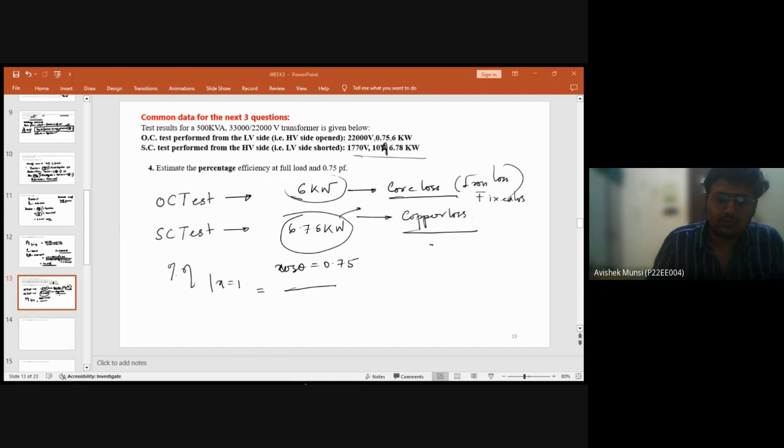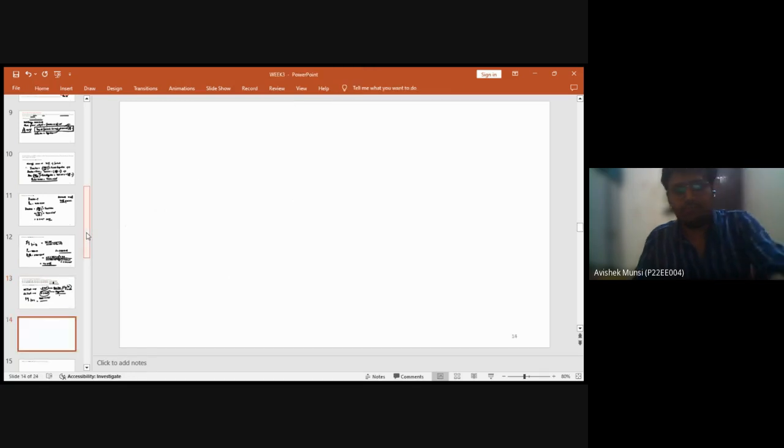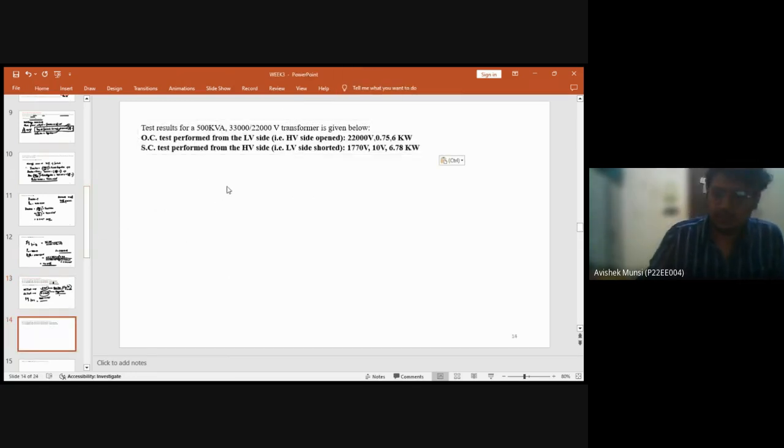So in this problem, as I said, some of you have got the wrong answer. First, the iron loss is coming from the open circuit test, that is 6 kilowatt.